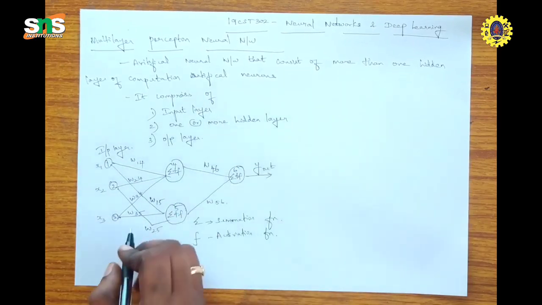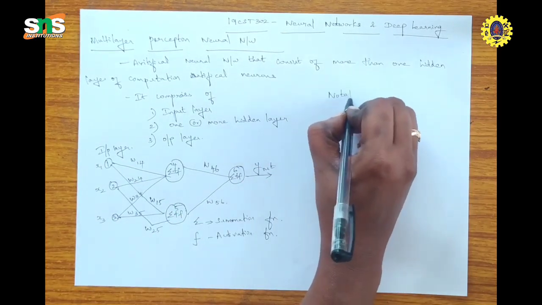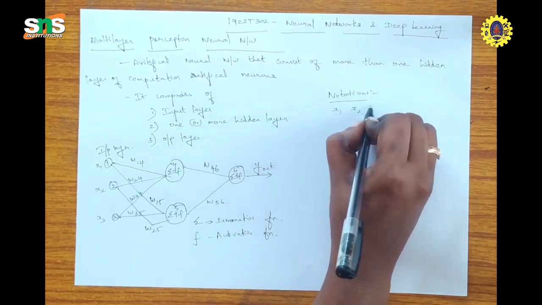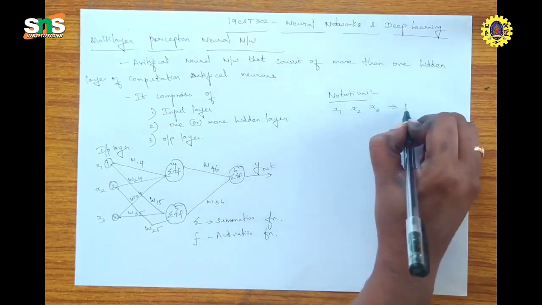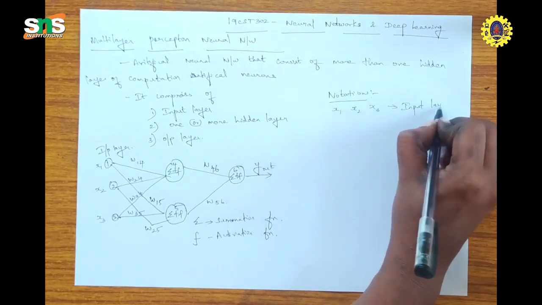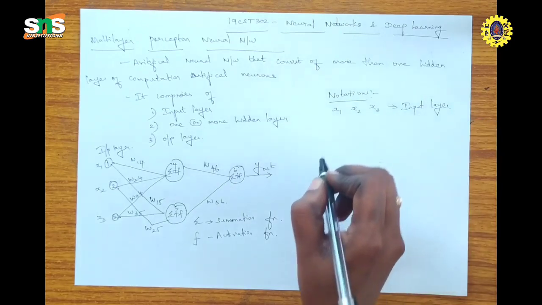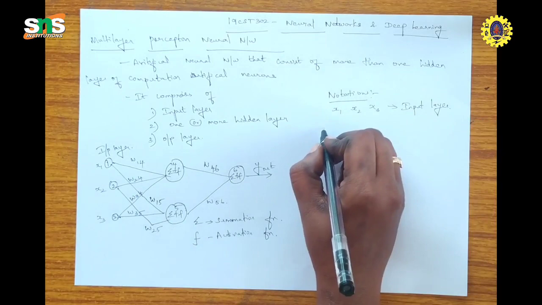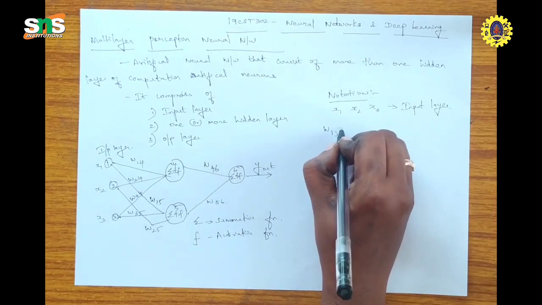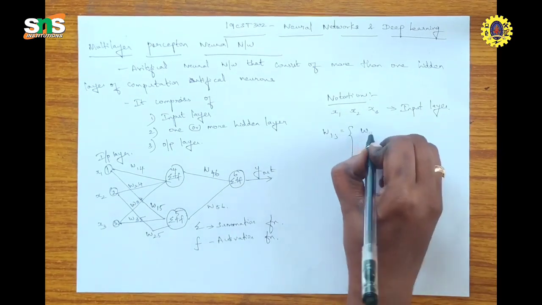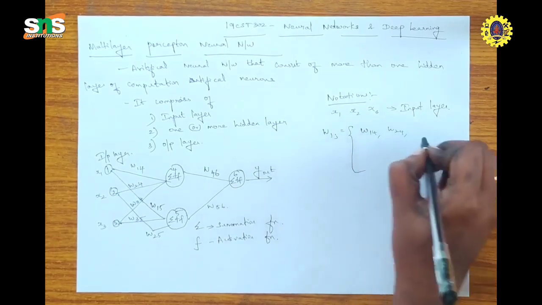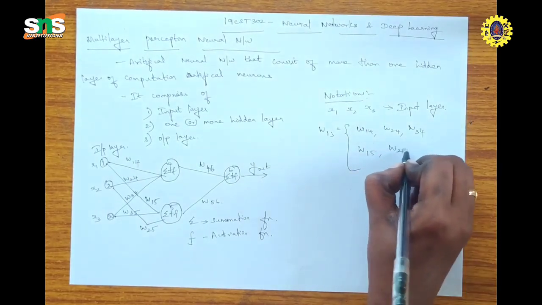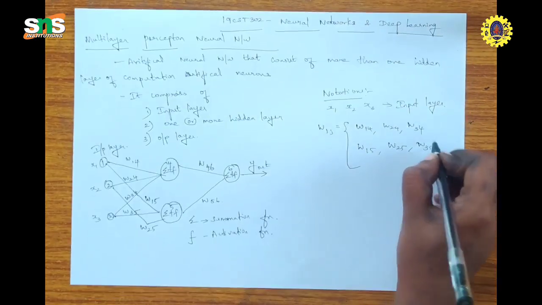The basic notations are as follows. Based on the input x1, x2, x3, the input layers, and the hidden layers, weight of ij is equal to weight of 1/4, 2/4, 3/4, 1/5, 2/5, and 3/5.